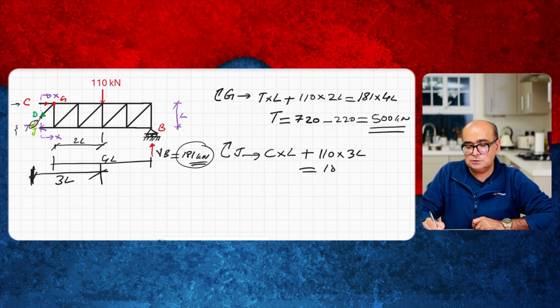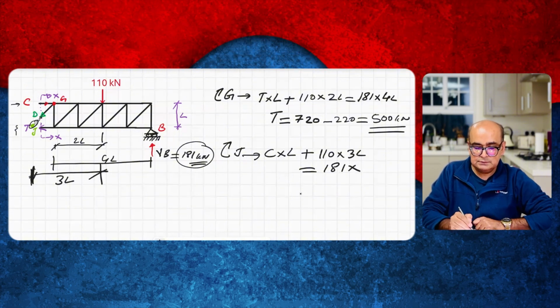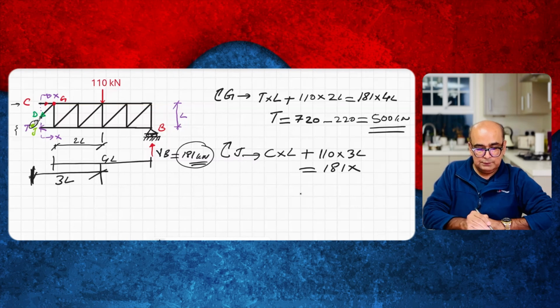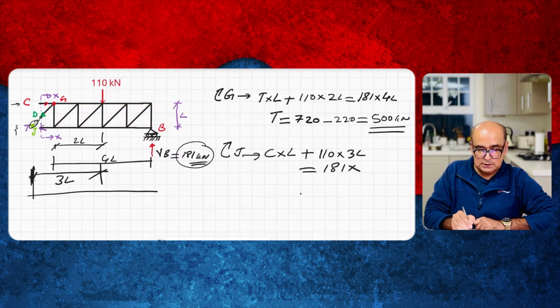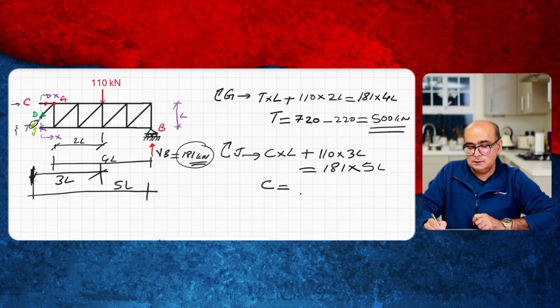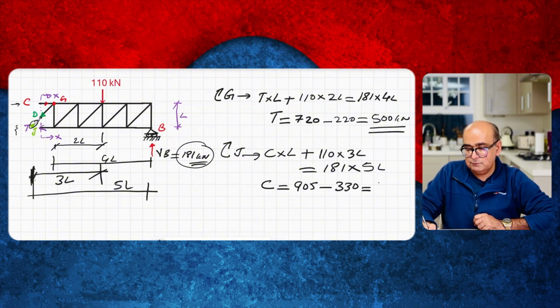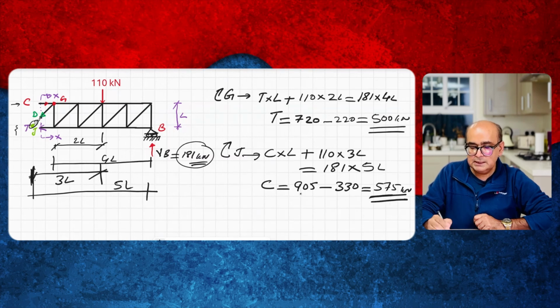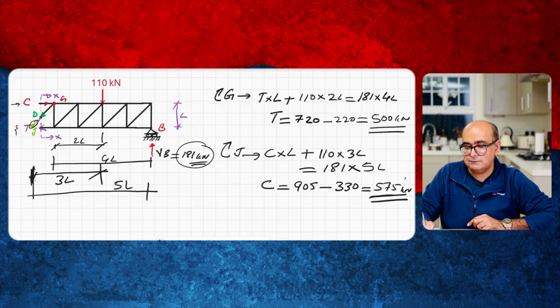This is equal to the reaction times the distance from the reaction all the way to J, this bit. This is 5L. So I will say 5L. If you simplify this, you will get 905, take away 330, and this will give me 575 kilonewton in compression. Tension is 500, compression is 575.